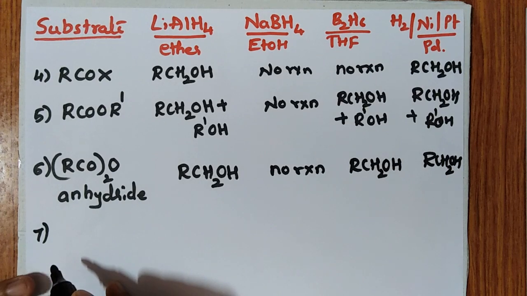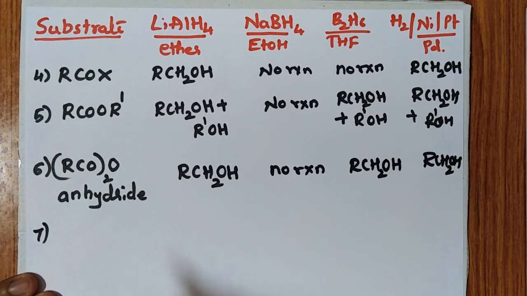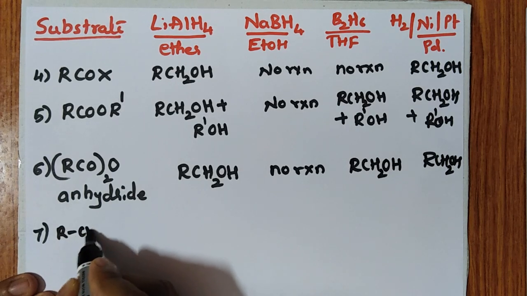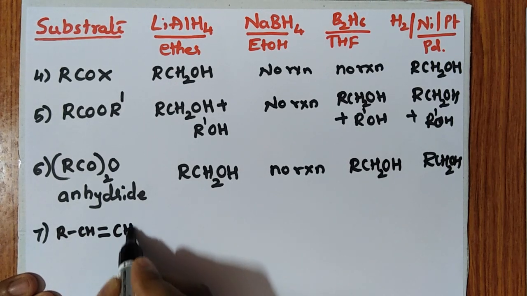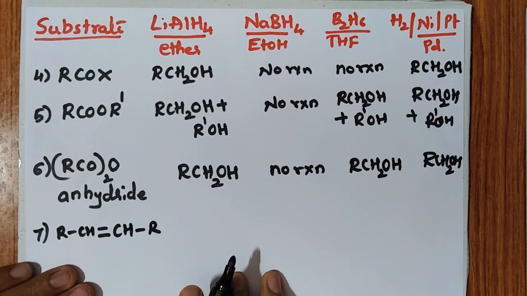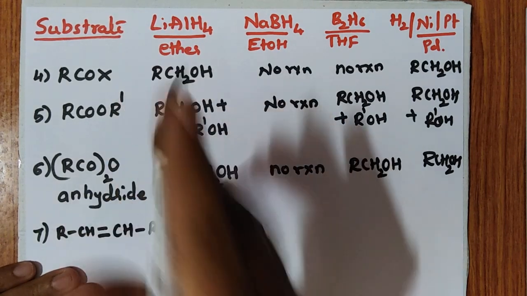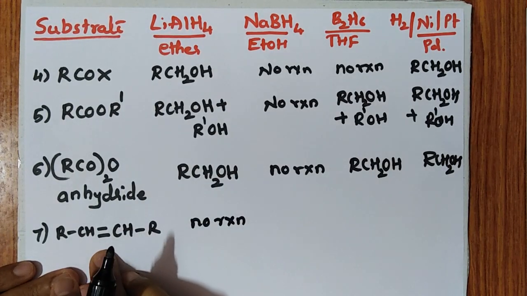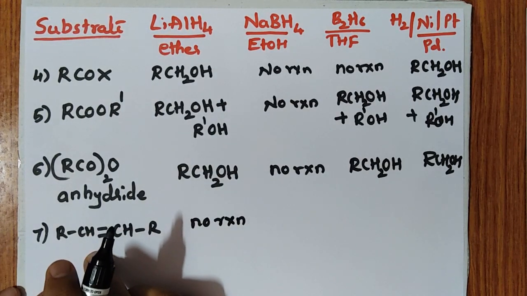The seventh one we consider is alkene. Alkene, I will write it like this, RCH=CHR. Now what reaction takes place? Very important point is that with lithium aluminum hydride, no reaction. It will never reduce a double bond. Very important point, remember my dear students.